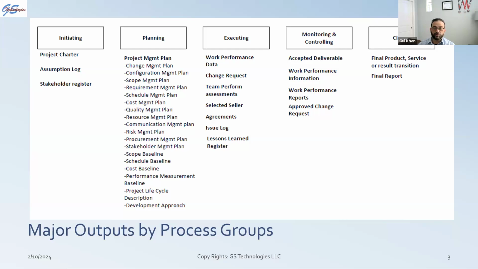So in that case, your output is the final executed RFP, the final executed selection. You have completed the procurement process, and at the end of that procurement process, you have an MSA, Master Service Agreement, and you have selected a seller as well. And then throughout this phase, you will continue to add to the lessons learned register.